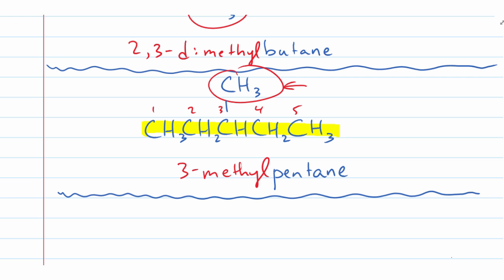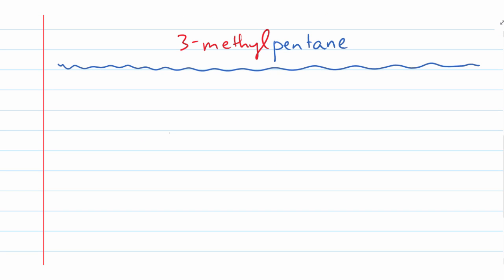So now, when it comes time to write out the structure, if we want to show this, again we want to show a 4-carbon backbone, 1, 2, 3, 4. We are then going to branch each of these off of the 2nd carbon atom in the chain.